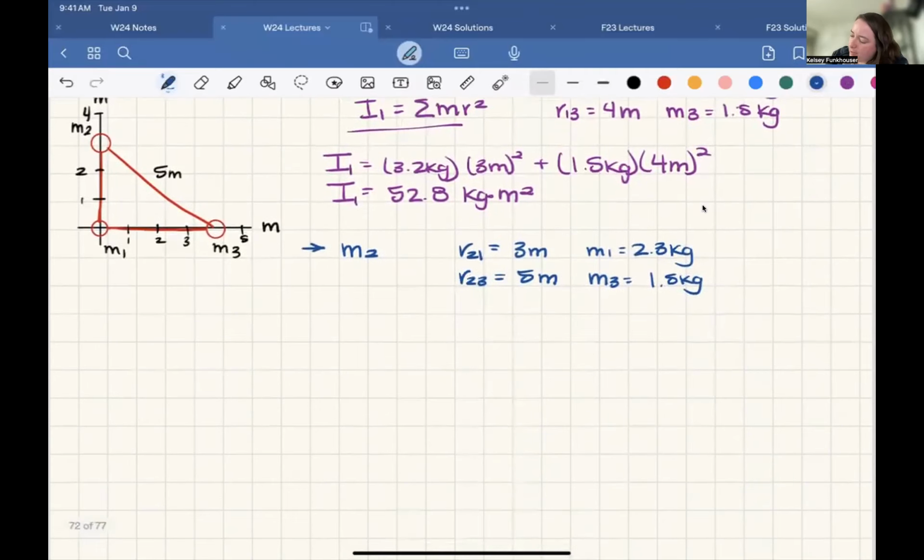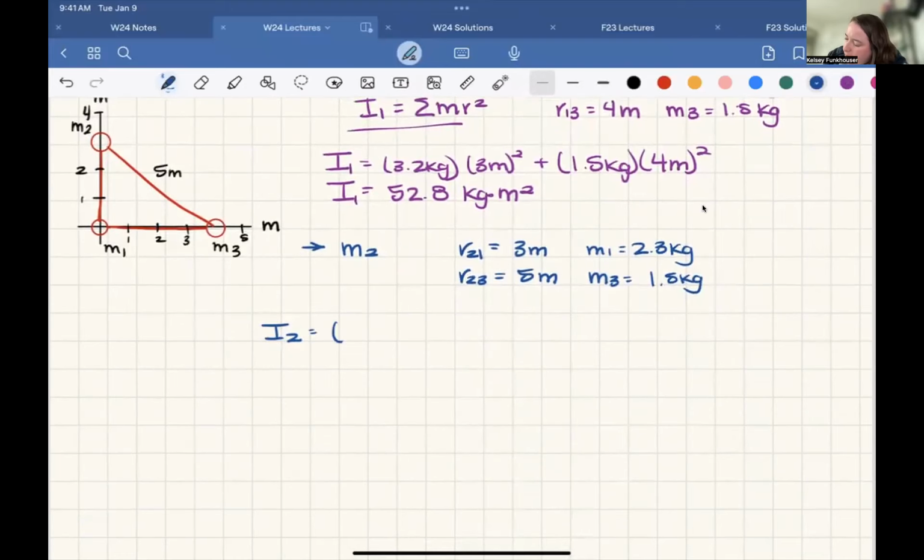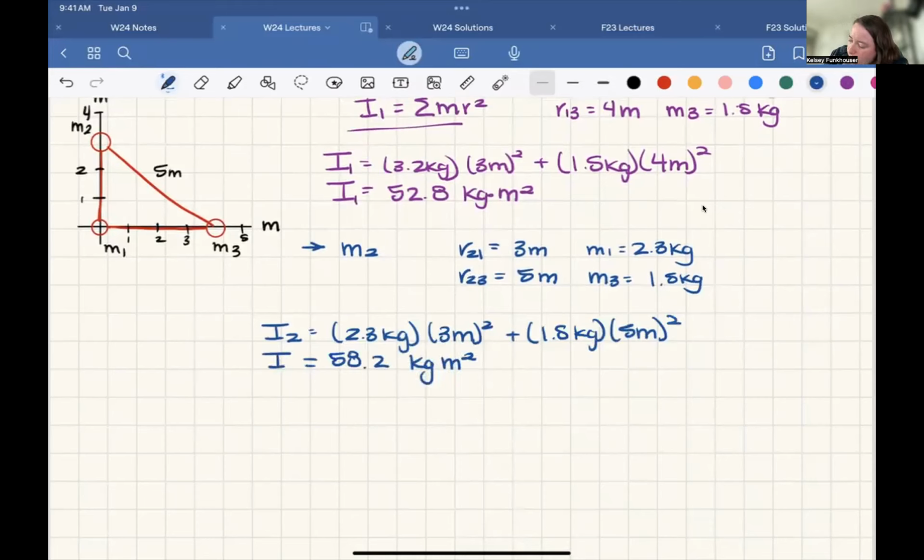Okay, same equation. So let's do rotational inertia, mass 2. And we have 2.3 kilograms times 3 meters squared plus 1.5 kilograms times 5 meters squared. And this one is 58.2 kilogram meters squared for rotation about this point.